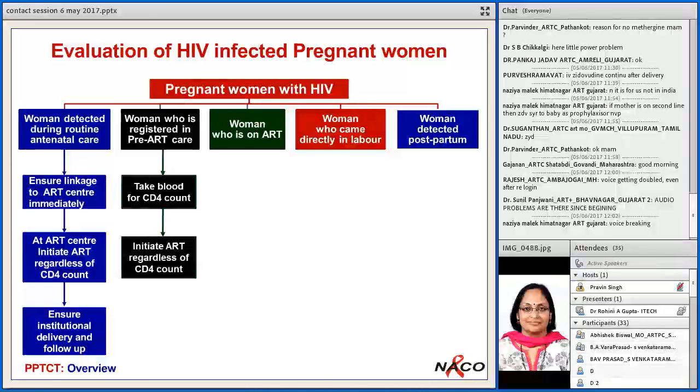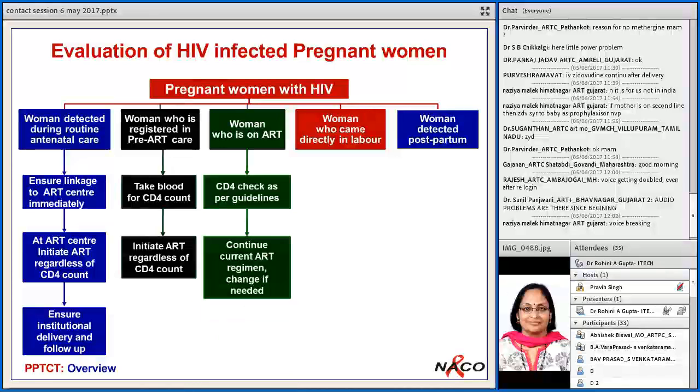If the lady is already registered in the ART center and is in pre-ART care, we take a CD4 sample and initiate her on ART. If the lady is on ART, we do a repeat CD4 test as per guidelines. You don't need to do a repeat test immediately after she is pregnant.